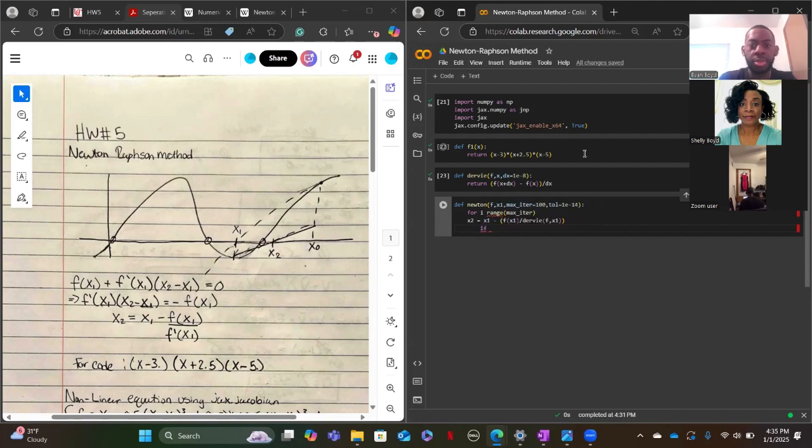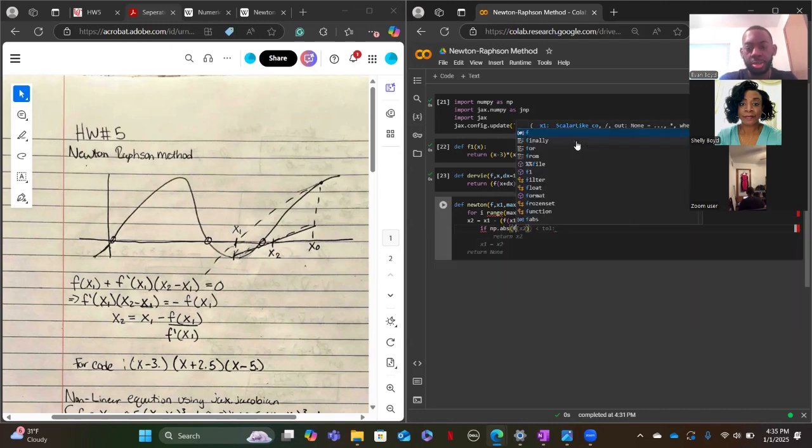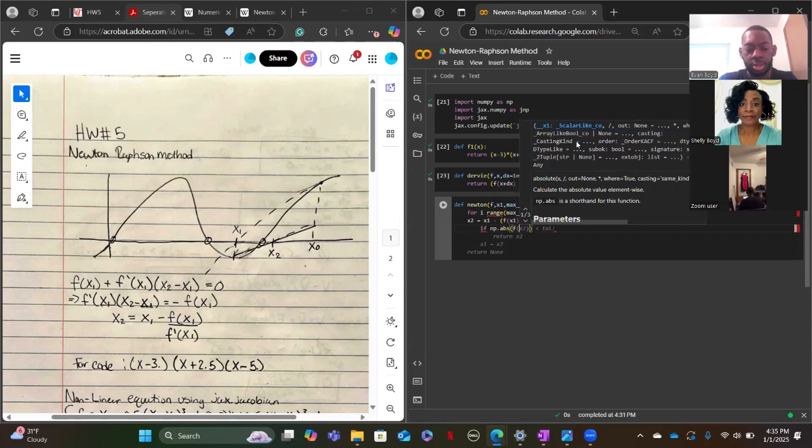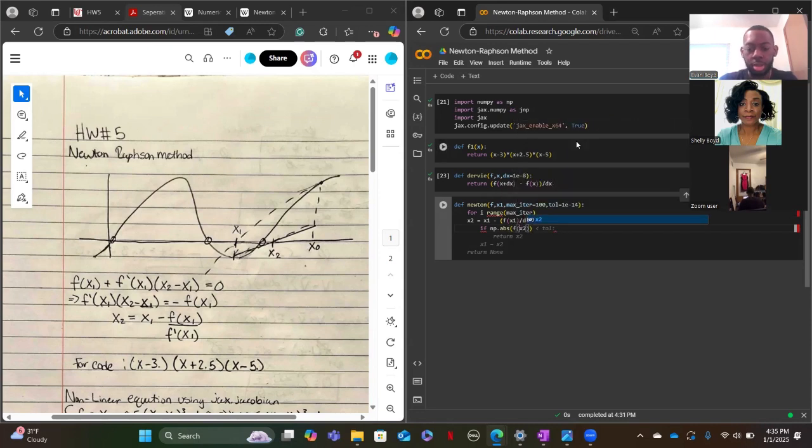So if np absolute of our function of x2 is less than our tolerance, break the function. Okay. And then at that point we know that x1 is equal to x2, and we can state that and then print that off.